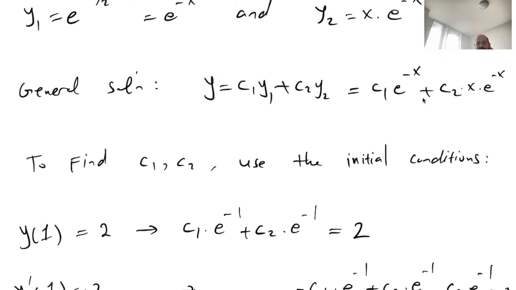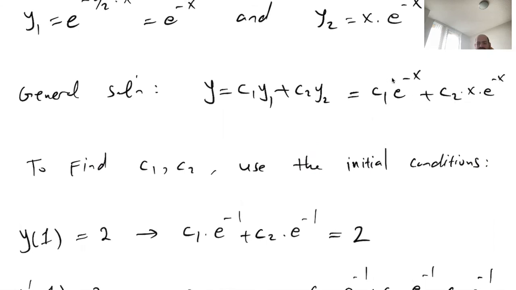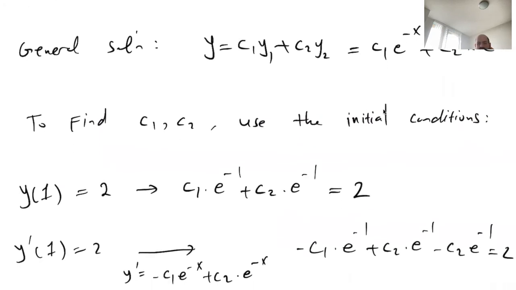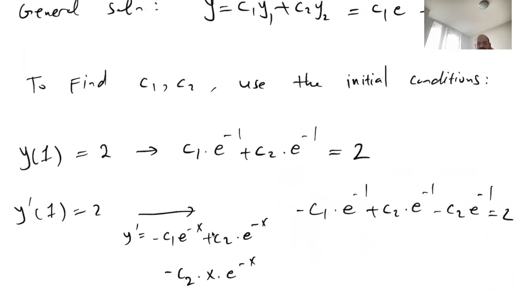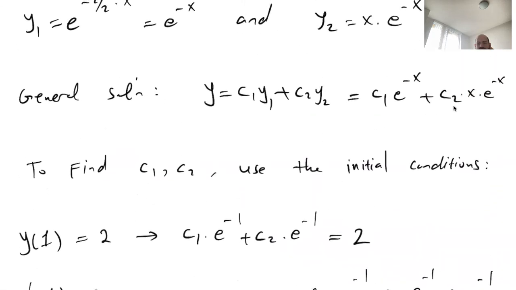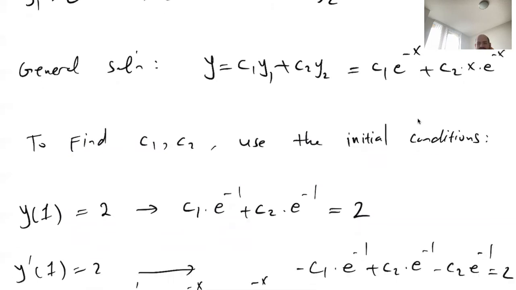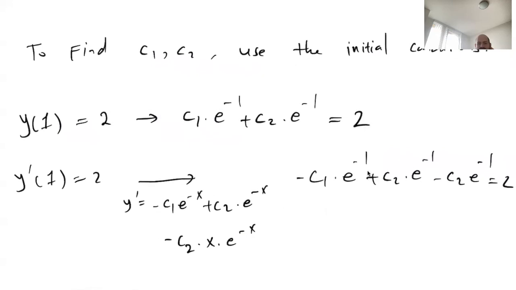To differentiate this function, I simply had to use the chain rule. The derivative of this function is the derivative of minus x, which is minus 1, times c1 e to power minus x, so minus c1 e to power minus x. For the derivative of the second term, I had to use the product rule. The derivative of x is 1, so c2 times e to power minus x.